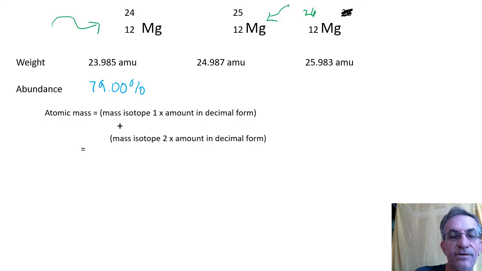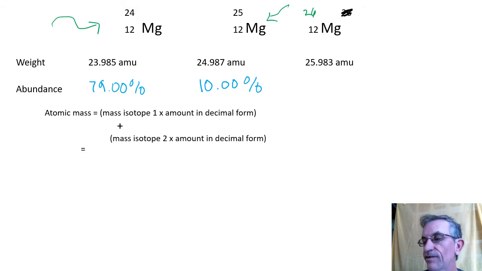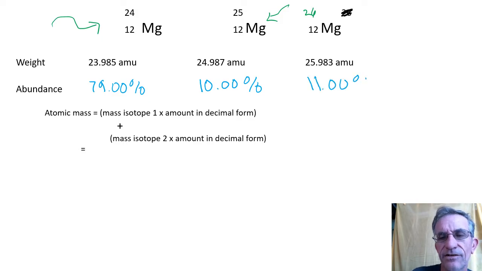About 10% of all the magnesium in the universe is magnesium-25. And I guess the remainder, about 11% of all the magnesium in the universe is magnesium-26. All right, so what I want to figure out based on this, on average, what does a magnesium atom weigh?